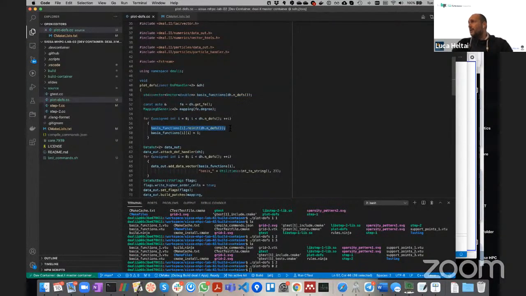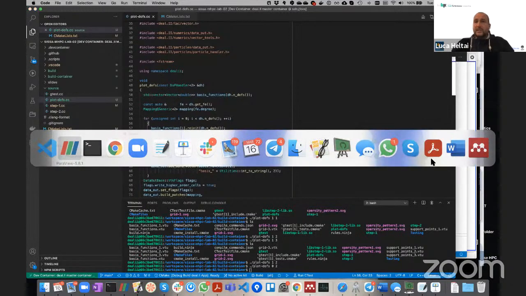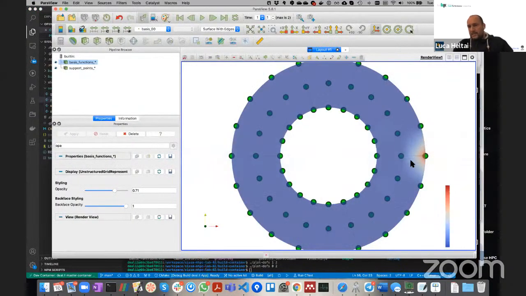So it's a vector of R^n with 0 entries, except one of those entries, which is equal to 1. So this represents graphically exactly the basis functions whose degree of freedom is equal to 1 in one basis and 0 elsewhere. So if you look at this plot, you will see here, this is the basis function, which is equal to 1 here and 0 elsewhere. And it's a polynomial of order 2 in each coordinate direction here.